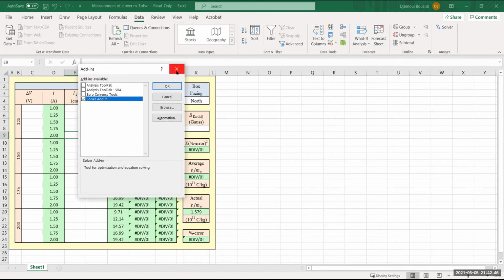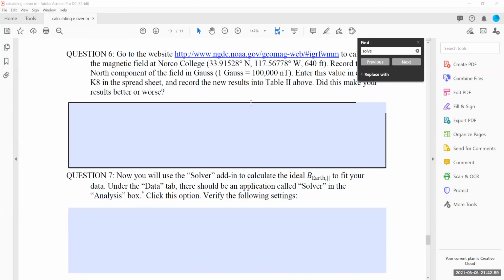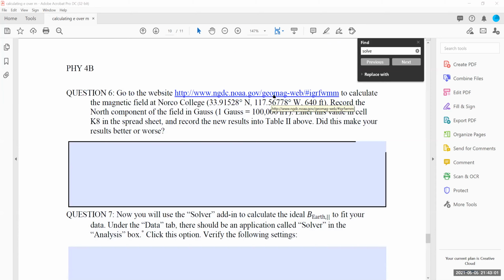Then you're supposed to go to the NOAA's website and enter the location that we're in.